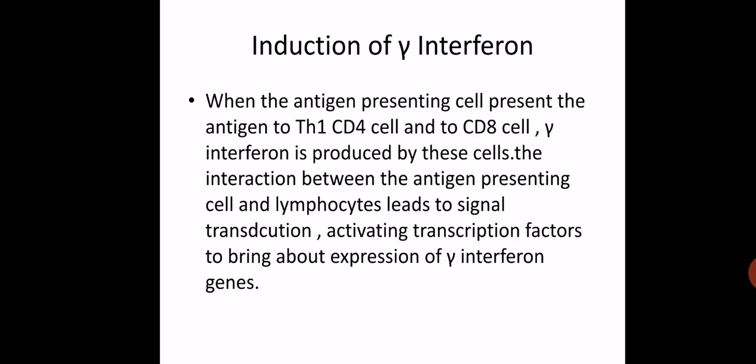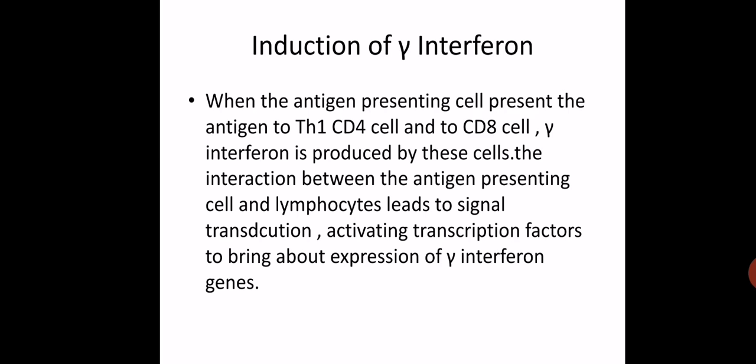The interaction between the antigen presenting cell and the T lymphocytes leads to signal transduction, and then there is activation of a transcription factor to bring about expression of genes for gamma interferon. So how does it occur? The antigen presenting cell presents the antigen to CD4 and CD8, and then gamma interferon is produced by these cells.